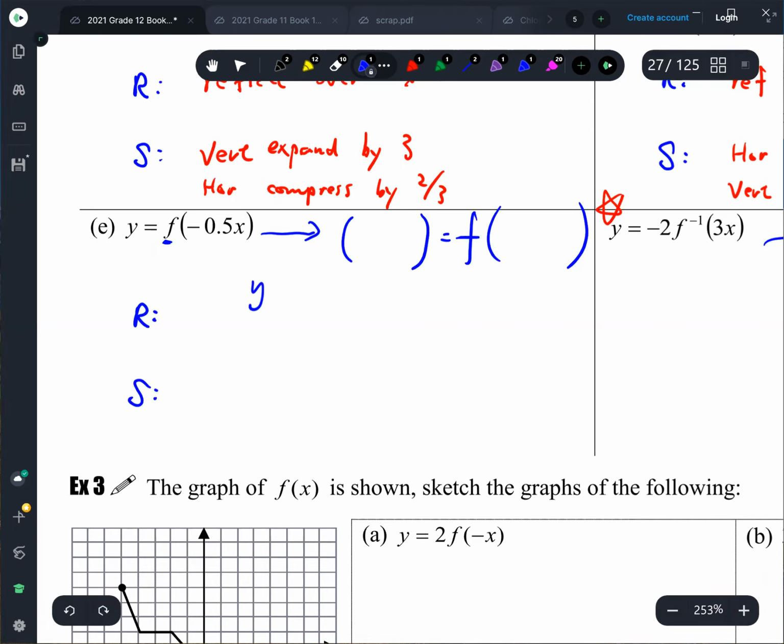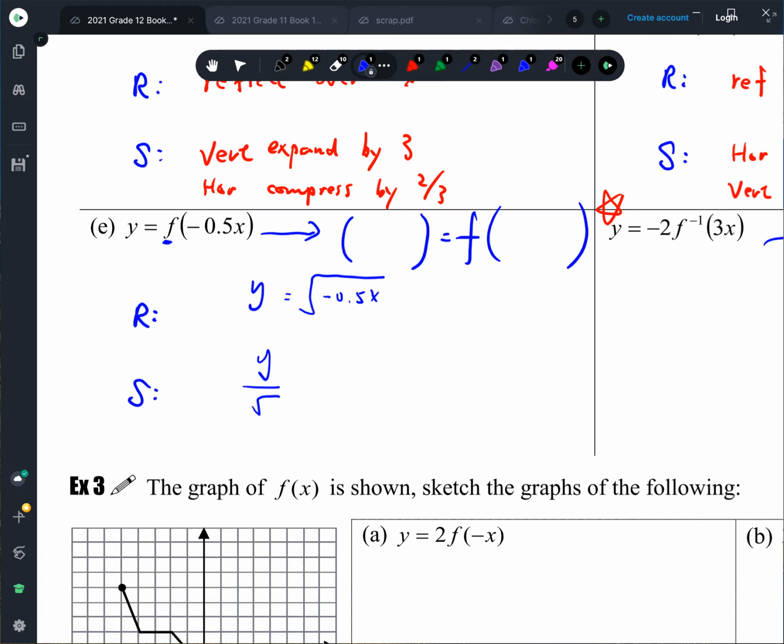Okay, f, you cannot move it. f is like square root. You have to keep it there. It's not a number. If not, you can't move it at all. Pretend that f is like a square root. So you cannot say, I want to get rid of square root and then divide by square root. That will look weird, right?